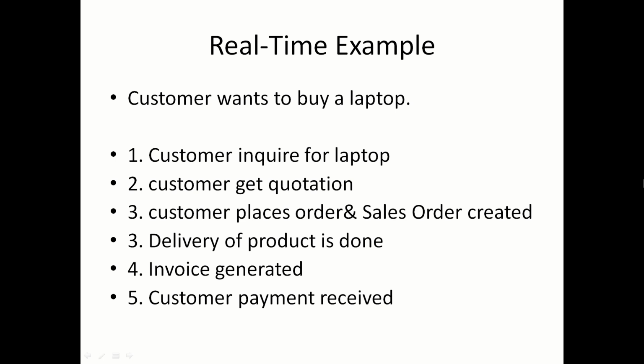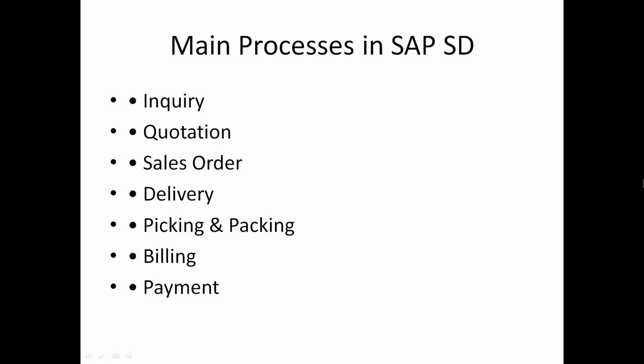Third, the customer places the order and the sales order is created. Next, the delivery of the product is done. An invoice is generated for that specific product, that is the laptop, and the customer makes the payment for that product. This complete process is managed in SAP SD.